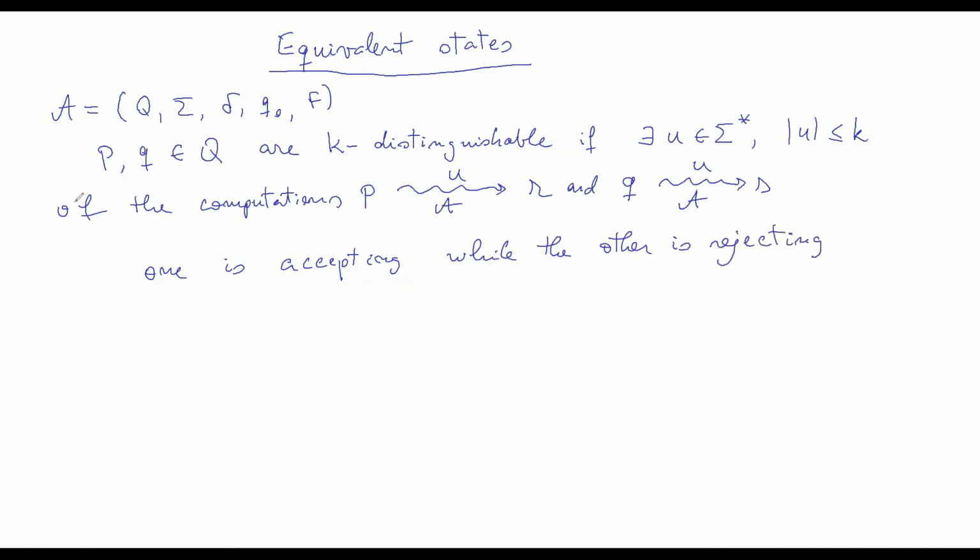And we were saying that P and Q are equivalent if they are K indistinguishable for all Ks.